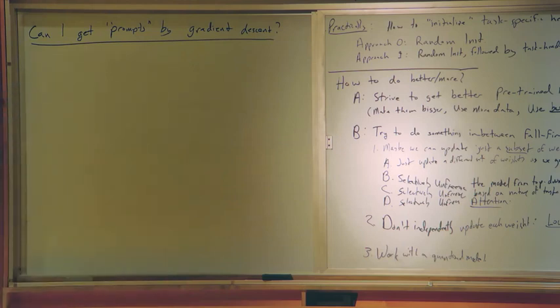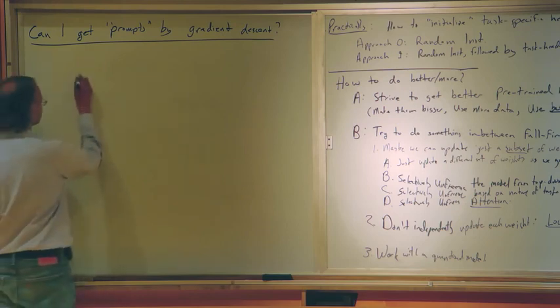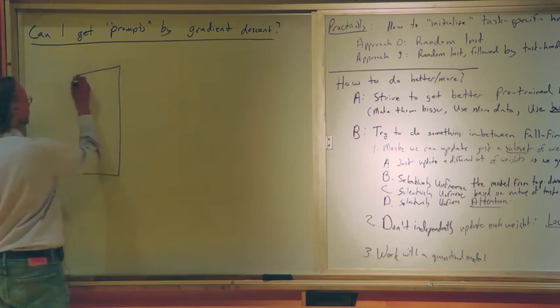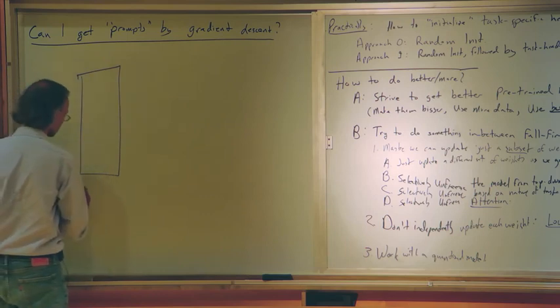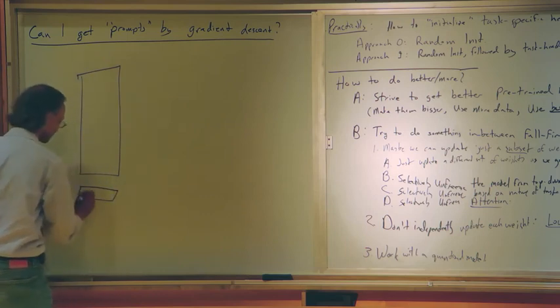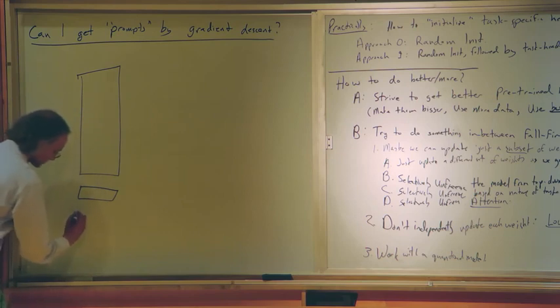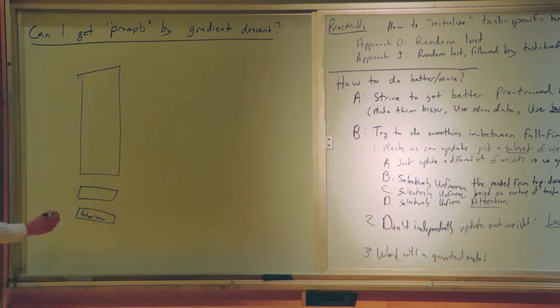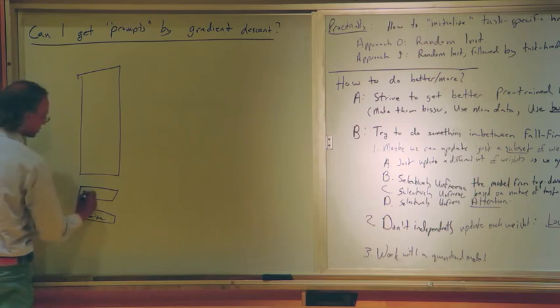So here, we have to go back and think about the transformer architecture. We have a tokenizer. Then we have a token embedding.